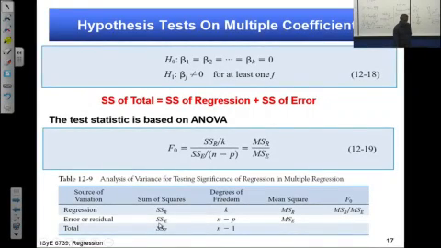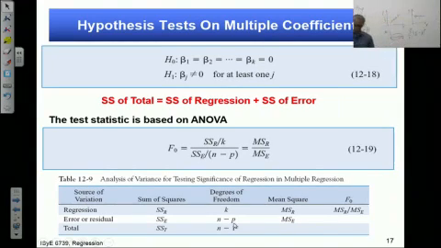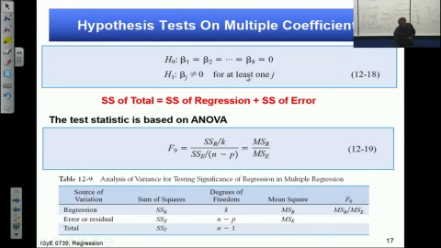I'll tell you how to calculate them. Then we have degrees of freedom. Degrees of freedom for error is n minus p. For total it is n minus 1. And degrees of freedom for regression, this is wrong actually, it should be p minus 1. Yes, actually it's right, because your k here is defined as p minus 1, excluding your intercept.